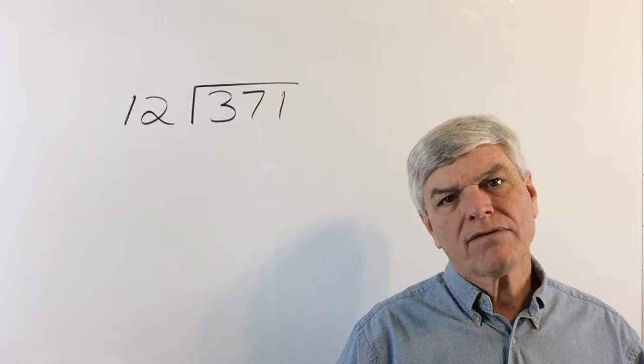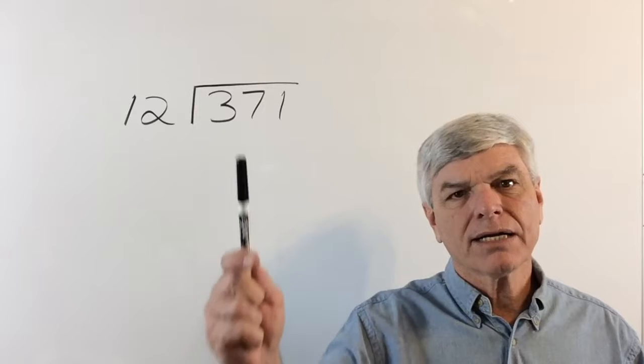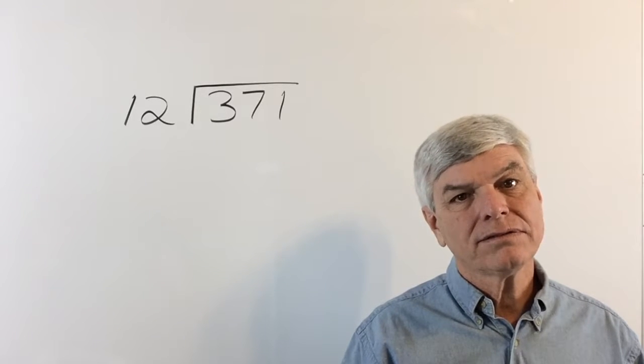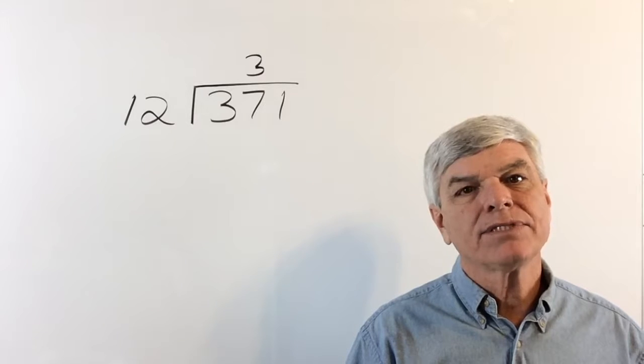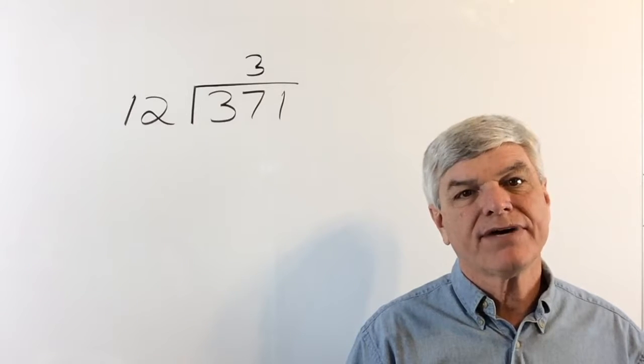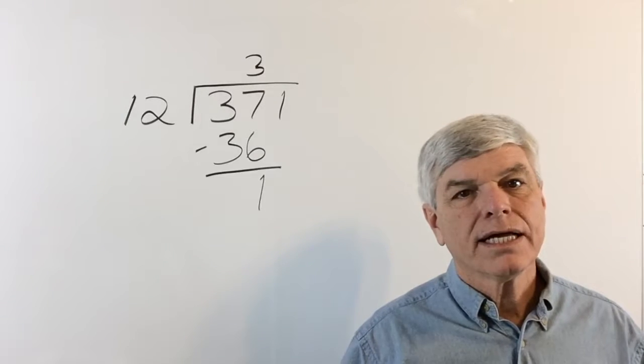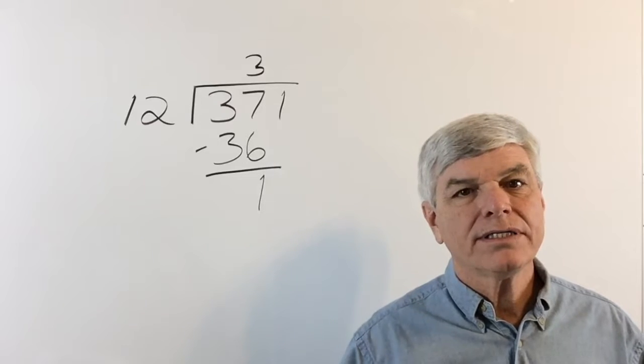Now, 12 doesn't go into 3, so we're not going to put anything in that column. 12 does go into 37 about 3 times, and we're going to multiply 3 times the divisor. And we get 36, and let's subtract that from the 37. And let's bring the next number down.